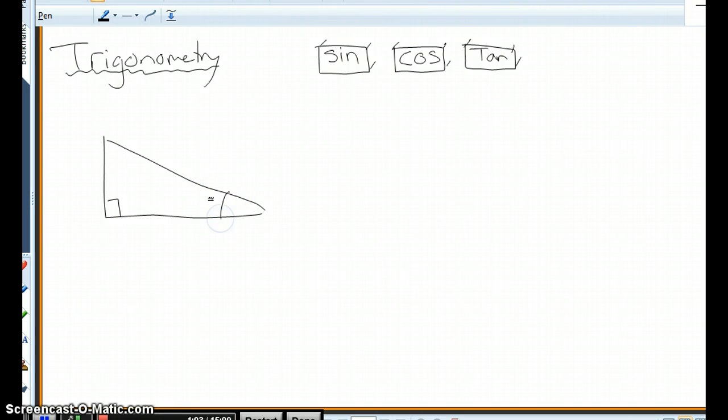I'm going to identify one of the other angles that's not a right angle, and I'm going to call it theta. That's just a symbol that looks like this, and it's just like a letter, but it just identifies one of the angles.